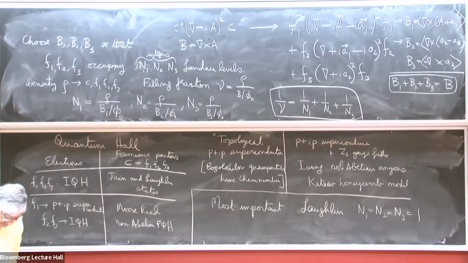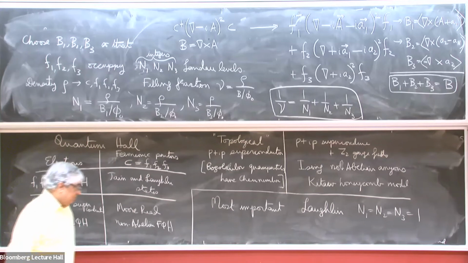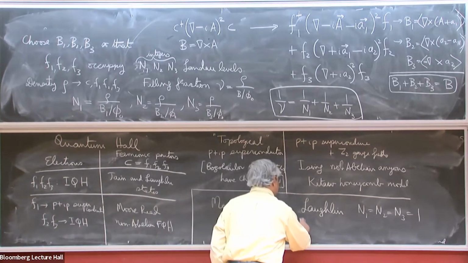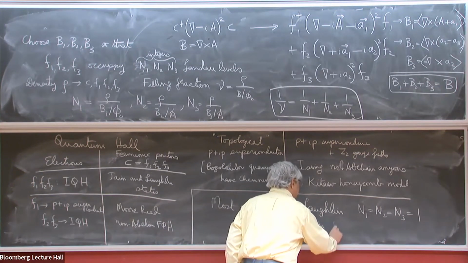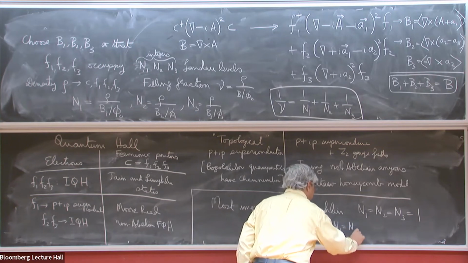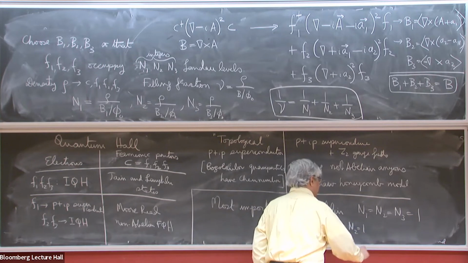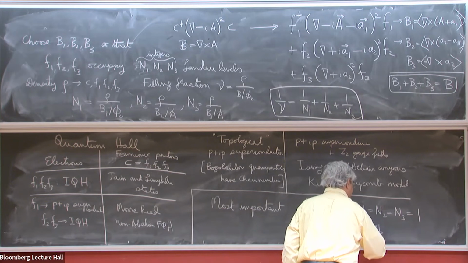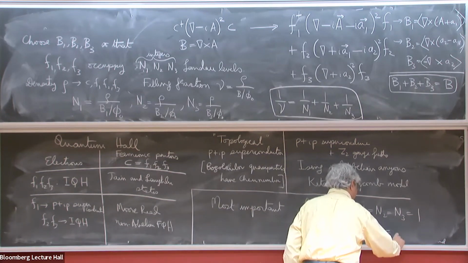And the Jain states are essentially, so the Jain states are N1 equals N2 equals 1. And let's say N3, some other integer, positive or negative. Let me call it little n.